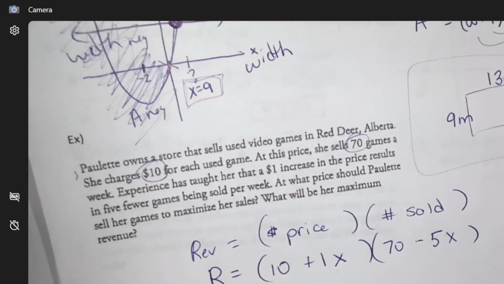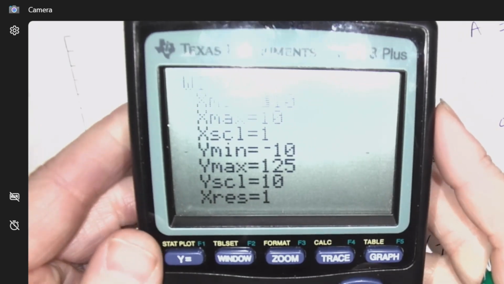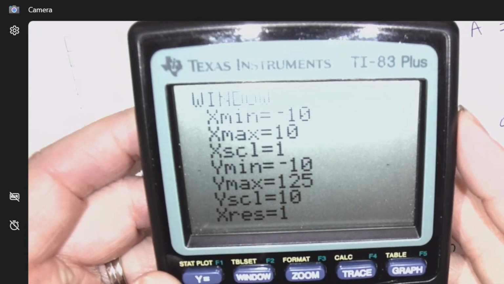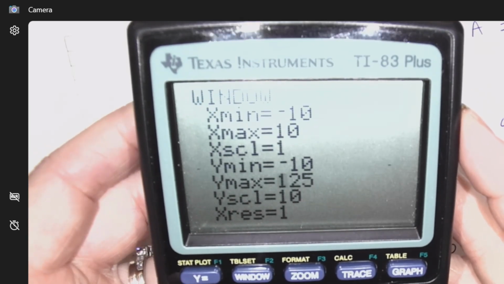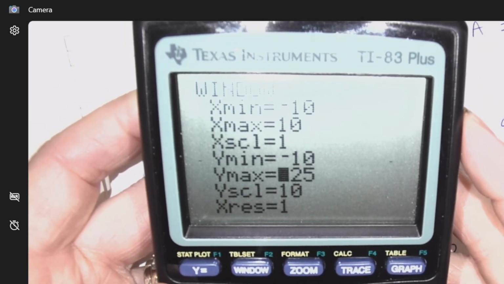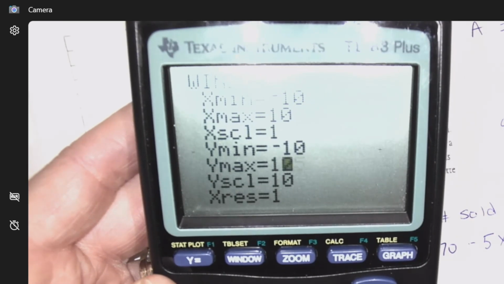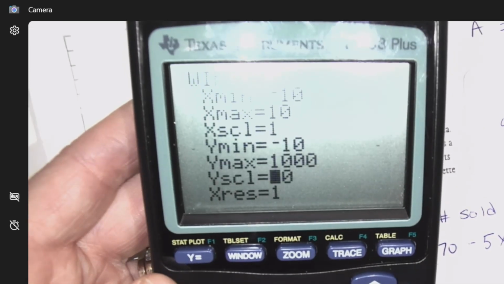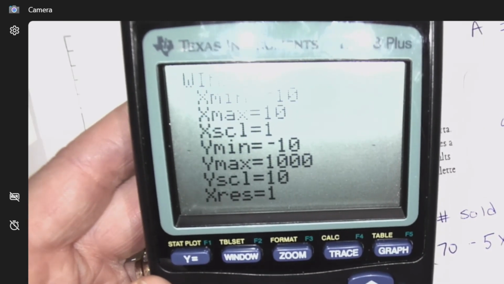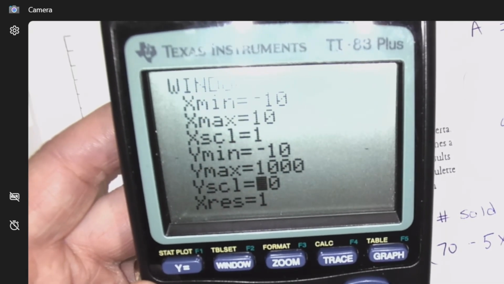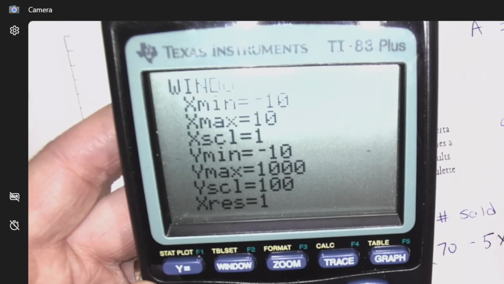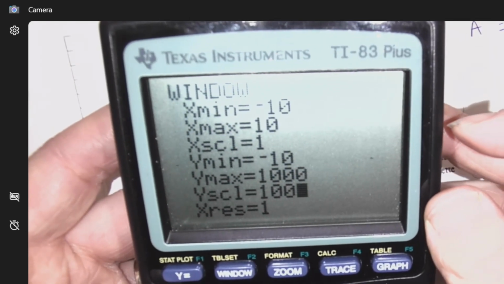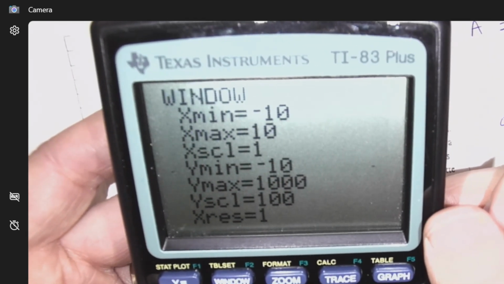So go to your window. What do you want to do? Let's go to the Y max. If she made 700 right away, should we do something like 1,000? And we should change this to jump by something bigger yet. Try it out. We might have to change it again.